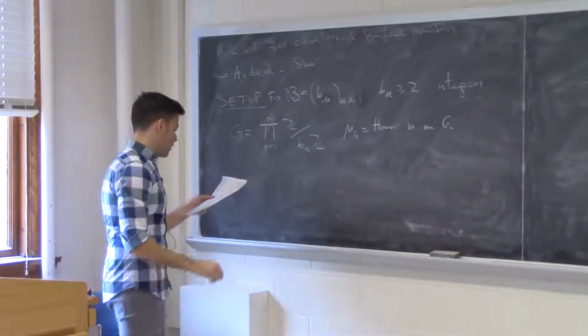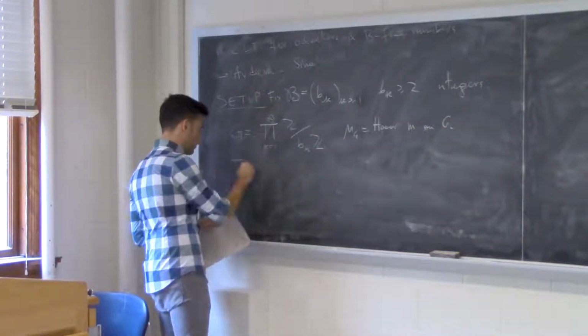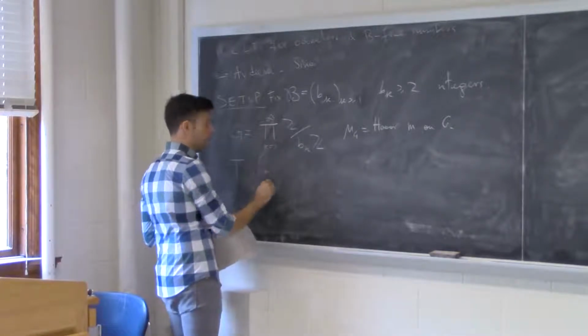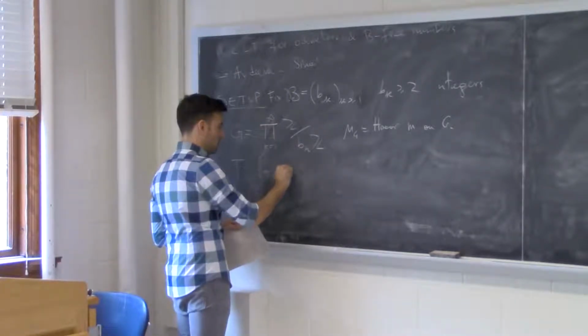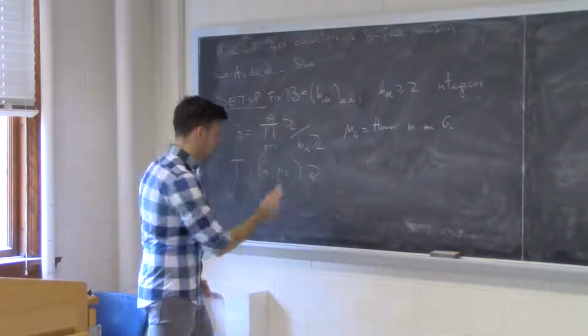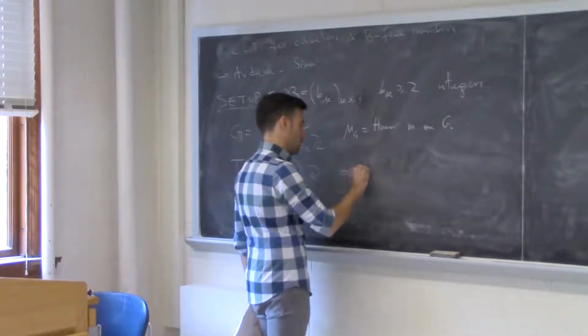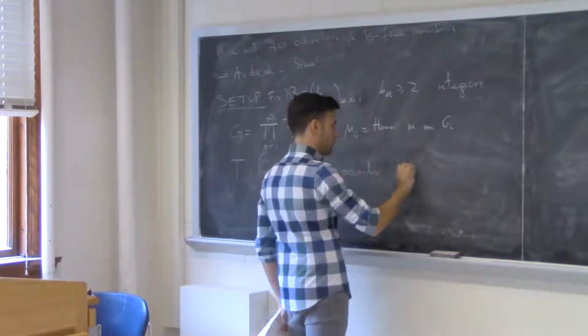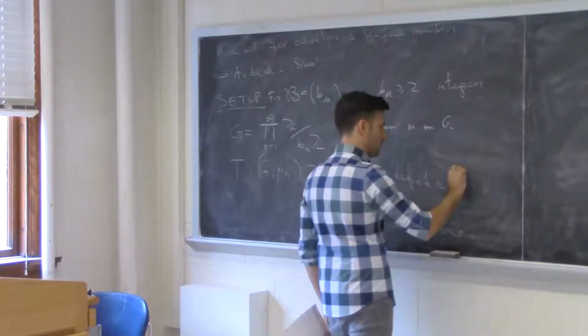On this group, I want to define a transformation. T will be a transformation from (G, mu_G) to itself. This will be the odometer, defined as follows.